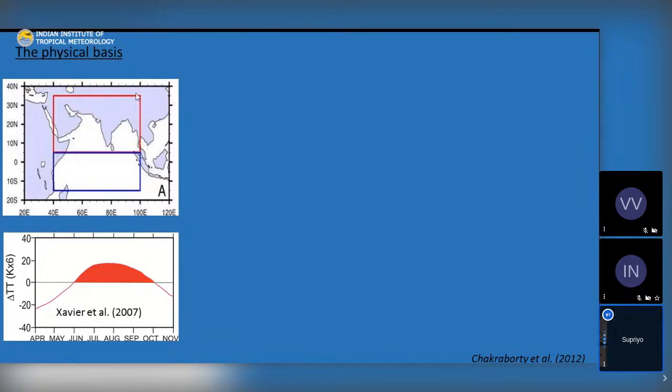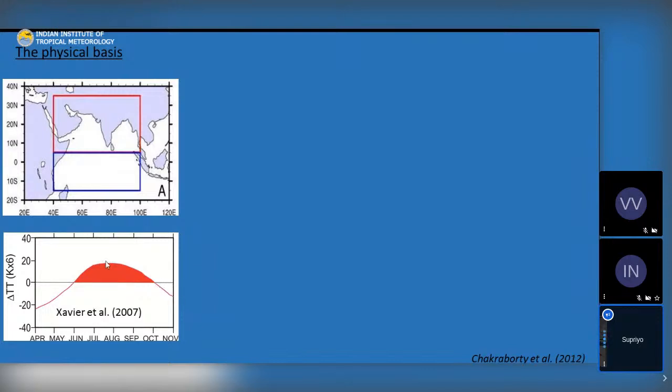This is the area, and temperature is calculated over this box within the altitude of 600 hectopascal to 200 hectopascal region. So the temperature difference between these two boxes, when plotted on a monthly time scale, has been shown to be negative before the monsoon, and during the monsoon time it is positive, and again they become negative.